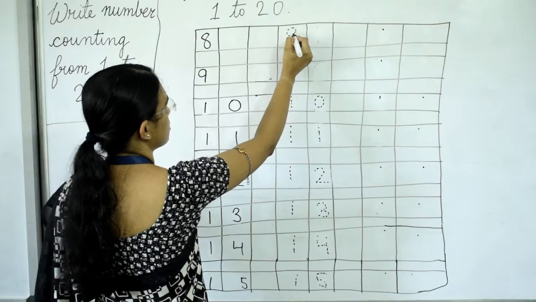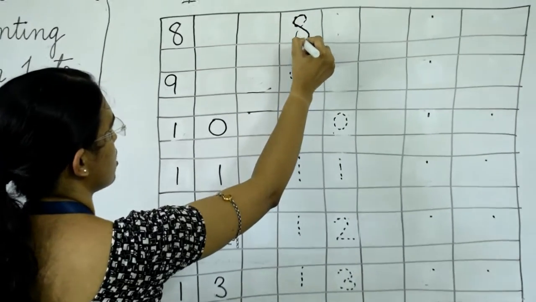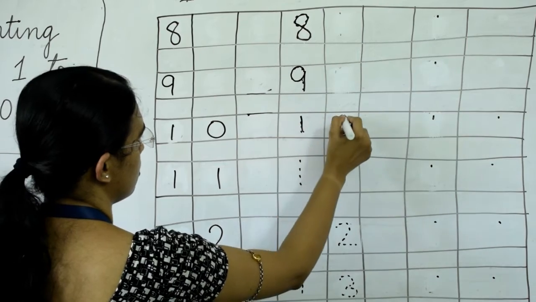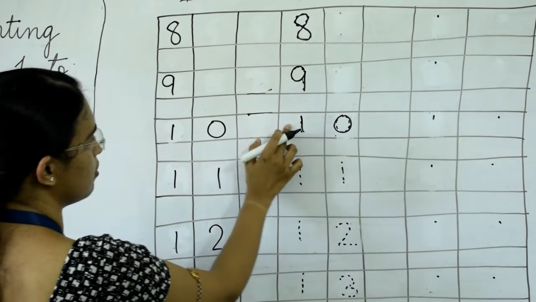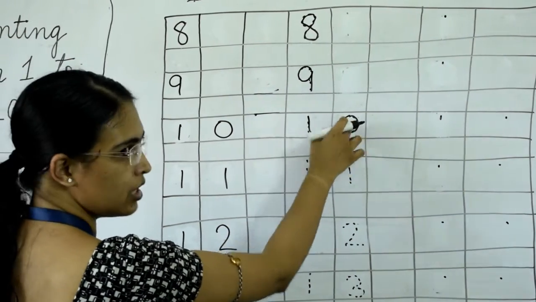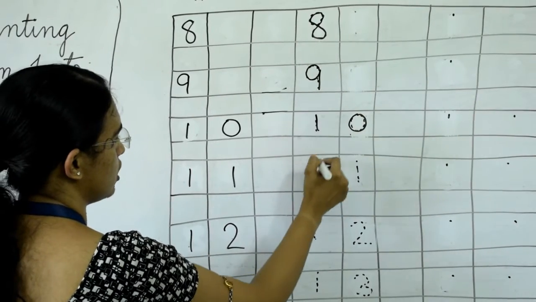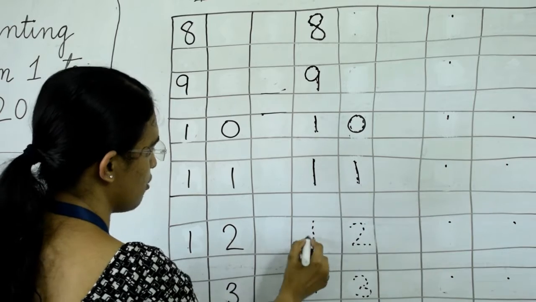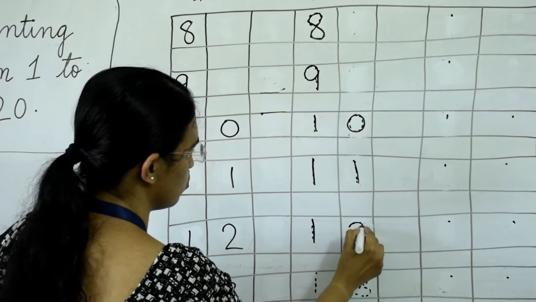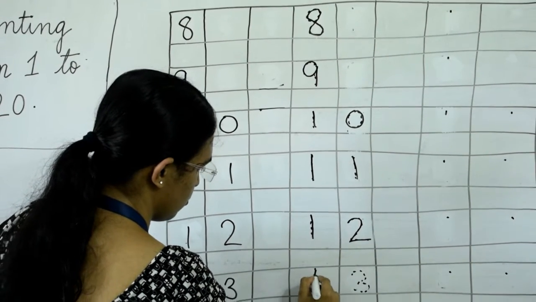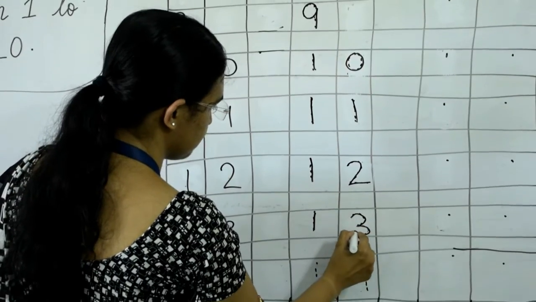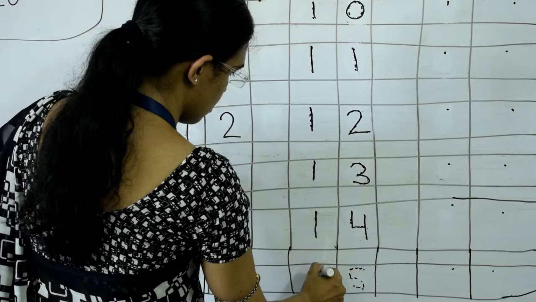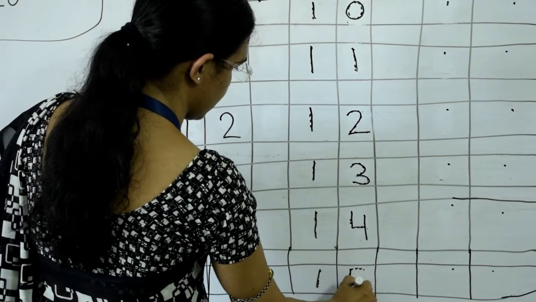Okay, like this is 8, so you have to trace the number 8, then 9, 1 in this box and 0 in another box, 10, 1 in another box, 1 in another box, 1 1 11, 1 2 12, 1 3 13, 1 4 14, 1 5 15.